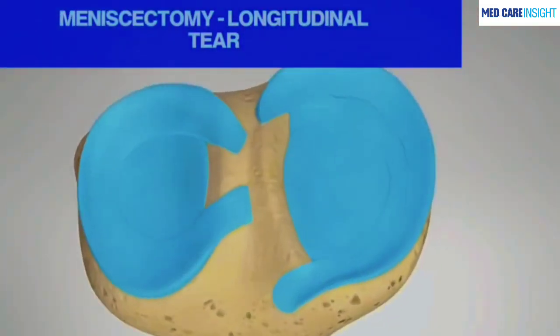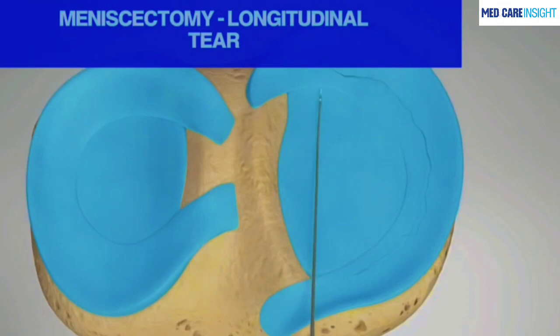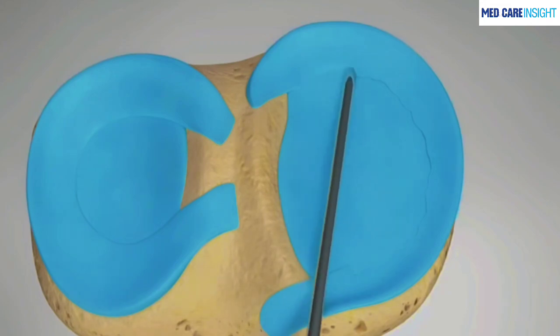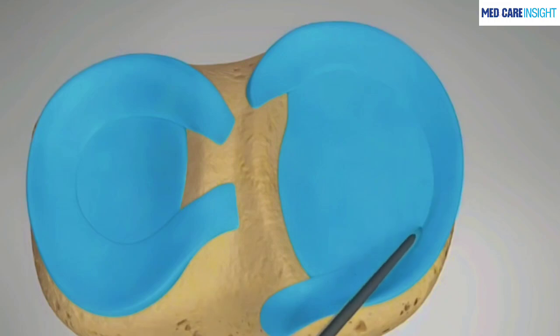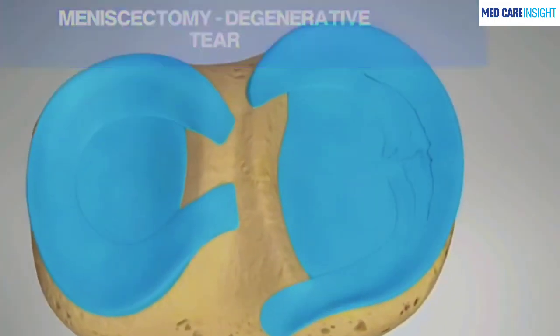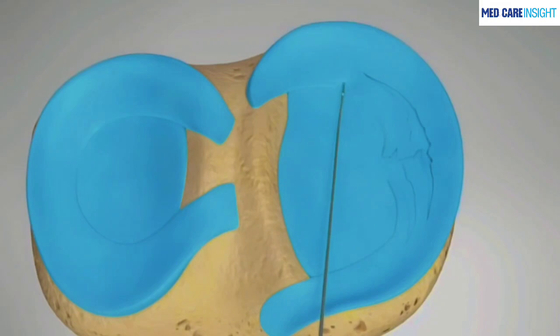In some situations, the torn meniscus cannot be repaired, and a meniscectomy will be performed. The surgeon will trim away the torn meniscus tissue, then the edge of the remaining meniscus is shaved smooth. This helps relieve pain and restore joint function. Meniscectomies are typically performed using arthroscopy, a minimally invasive surgical technique.